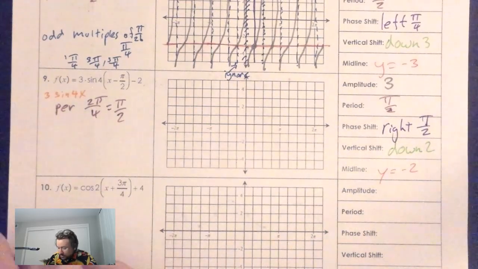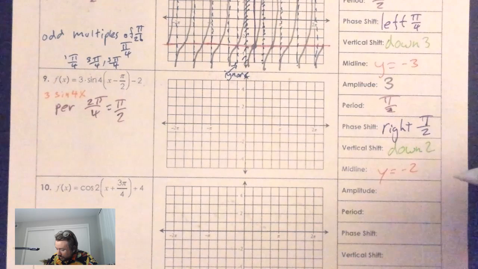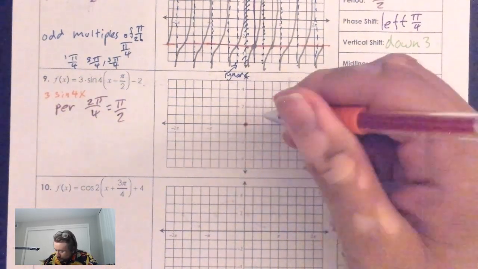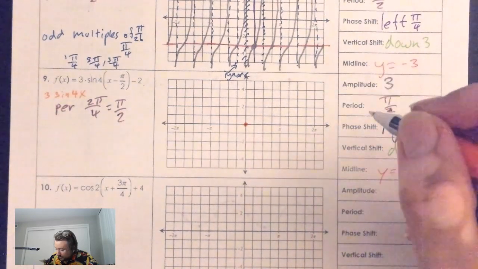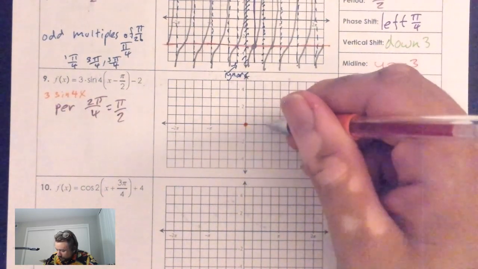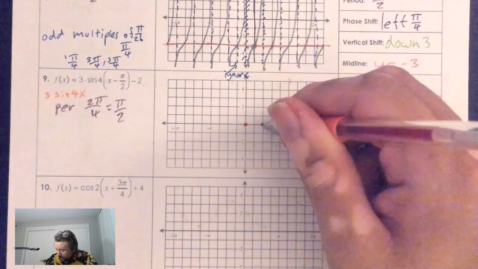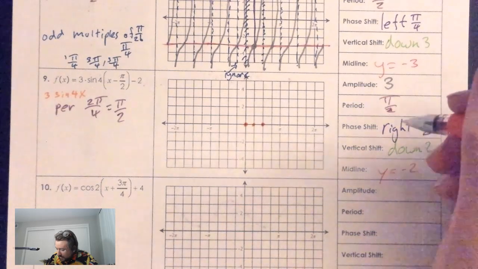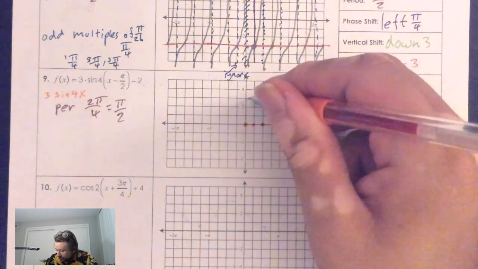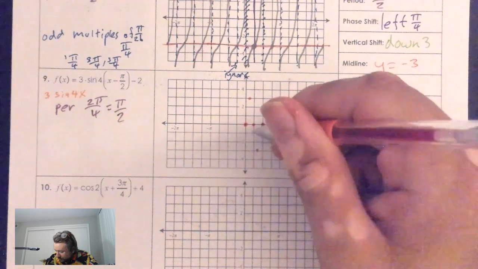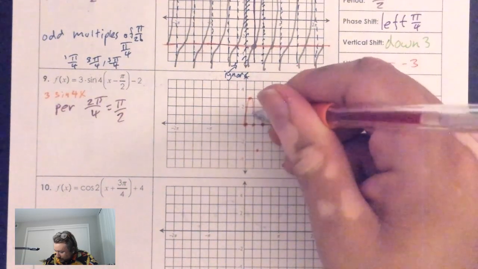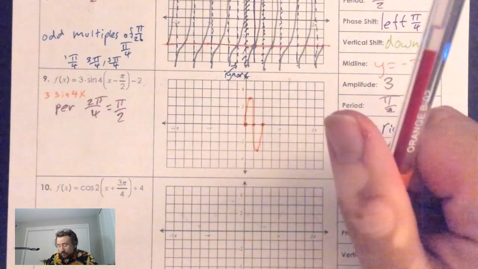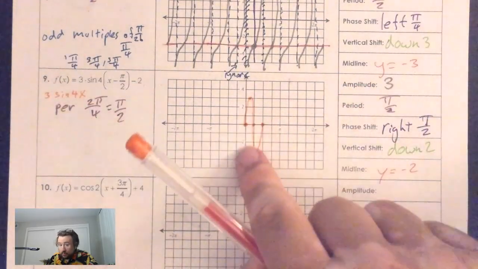So to draw the original, I just need to do the 3 sine 4x, which is just looking at the amplitude of period. So we know sine starts at the origin. And then at pi over 2, it's going to finish the whole cycle, so halfway there. And then it has to go up and down 3. So halfway between those two is 3. So before we do any vertical and horizontal transformations, that's what one period would look like.